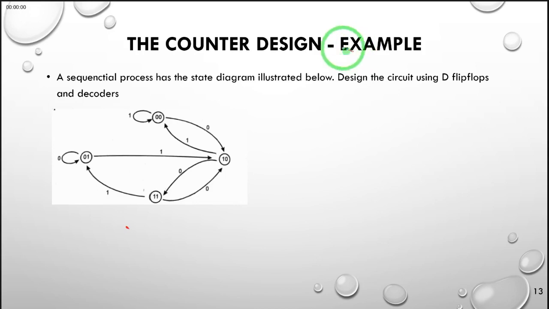As we have already met this design process before, the first step is to determine the states that we have. We know from the state diagram that the states are represented by circles, and therefore we have four states: 00, 01, 10, and 11.